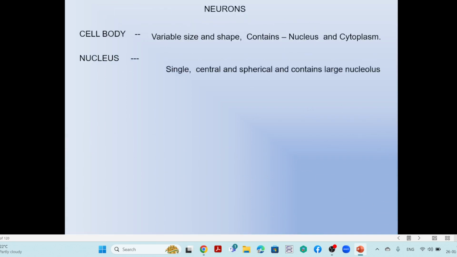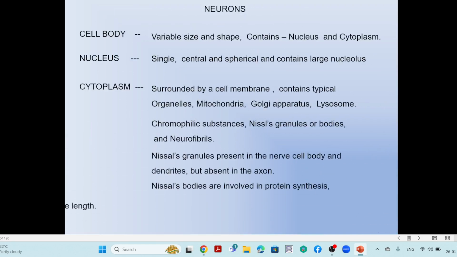So what is the cell body? The cell body is of variable size and shape, and it contains the nucleus and cytoplasm. The nucleus is single, central and spherical, and contains a large nucleolus.